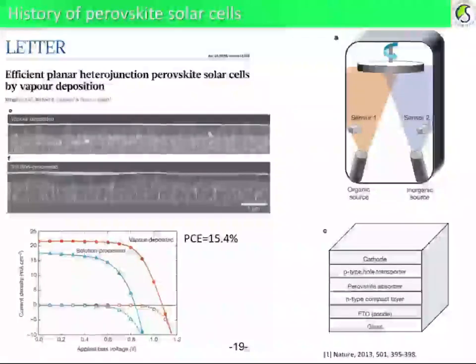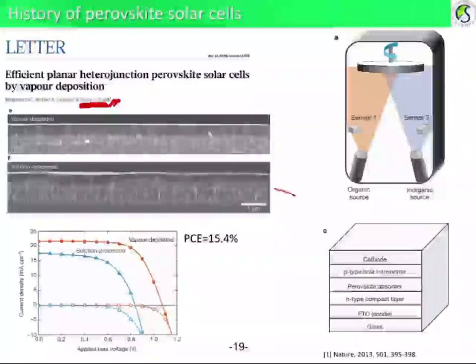And later, Professor Henry Snaith reported the planar heterojunction structure, where the perovskite layer was formed by dual source evaporation.